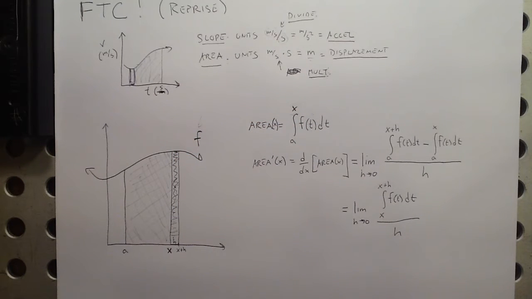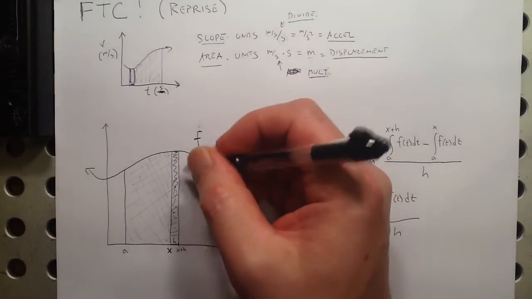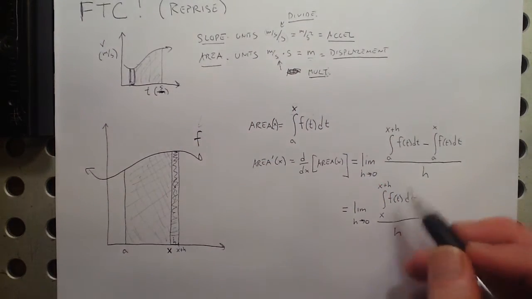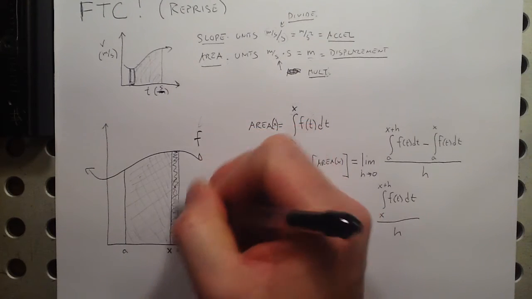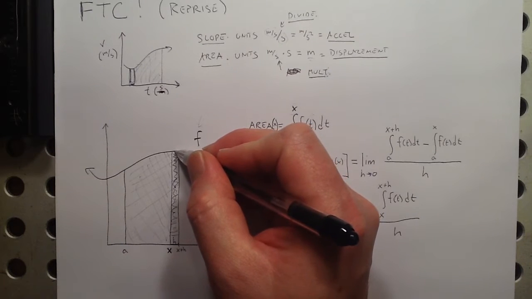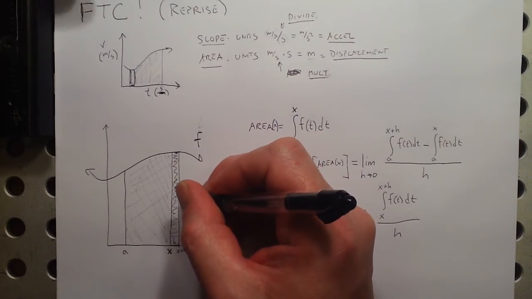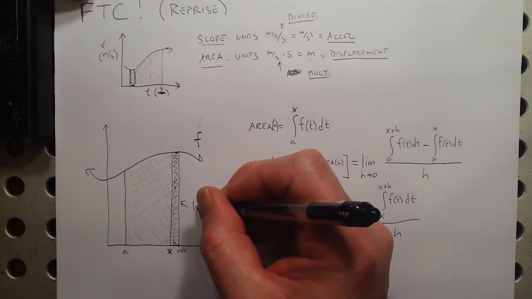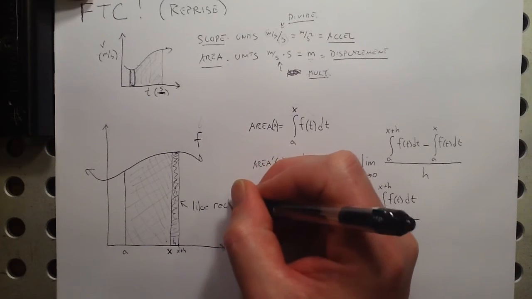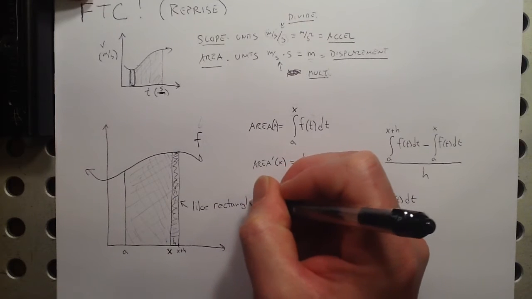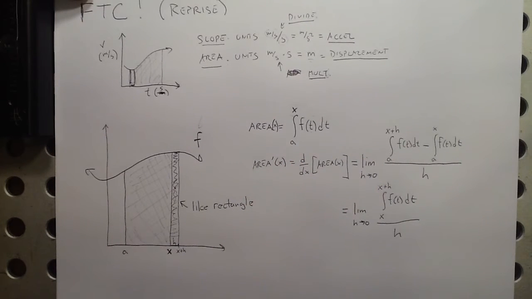And this is the part where I have to try to convince you that as h goes to 0, this little strip, no matter how steep this is, becomes more and more like a rectangle. And as h approaches 0, we could say that it does in fact approach being a rectangle.